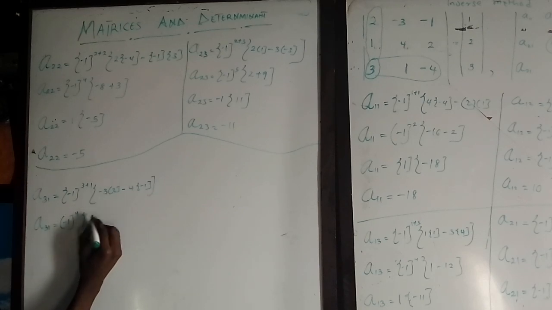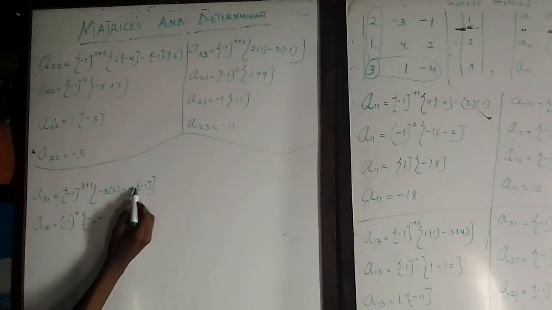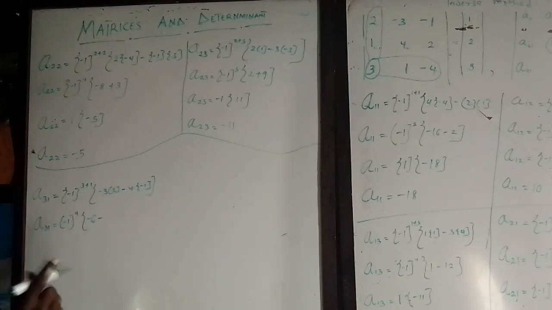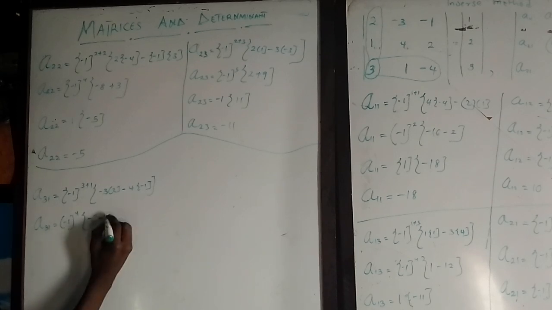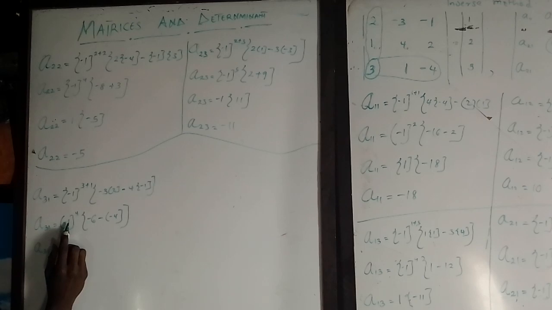Minus 3 times 2 will give us minus 6. Minus 4 times minus 1 will give us minus 4. Okay, let's say plus 4. So you have A31 equals to minus 1 raised to power 4 will give us 1.